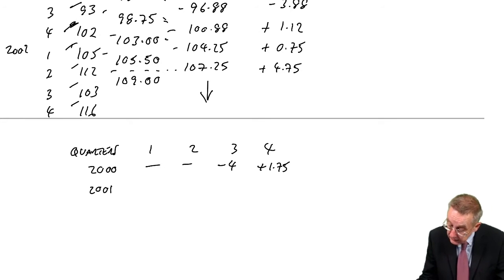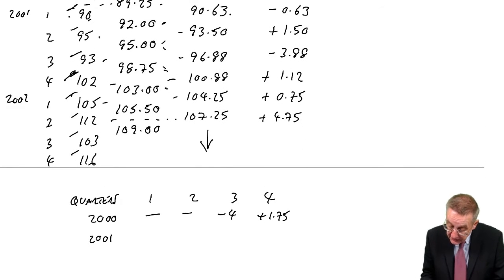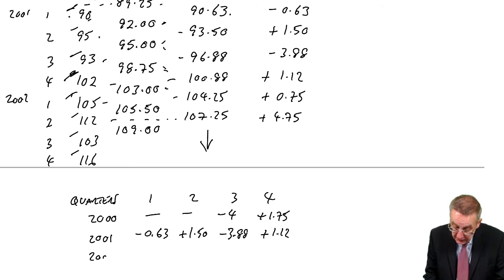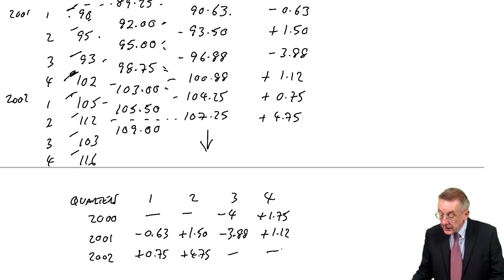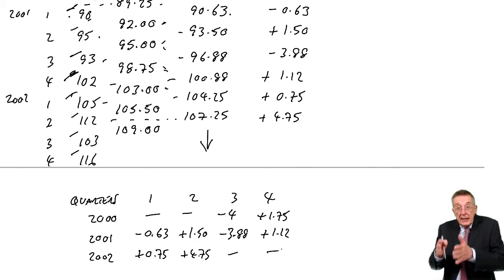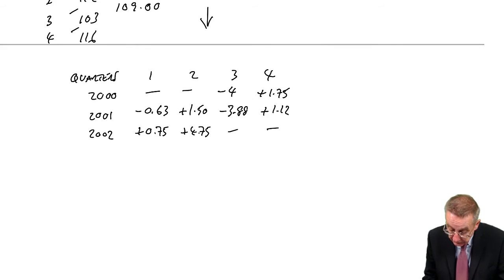In 2001, minus 0.63 plus 1.5 minus 3.88 plus 1.12. And finally, 2002, up 0.75, up 4.75. But again, the last 2 quarters with nothing to compare with. So having listed the variations for each quarter, let's work out the average.